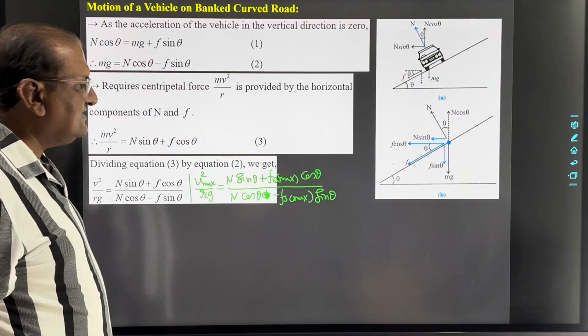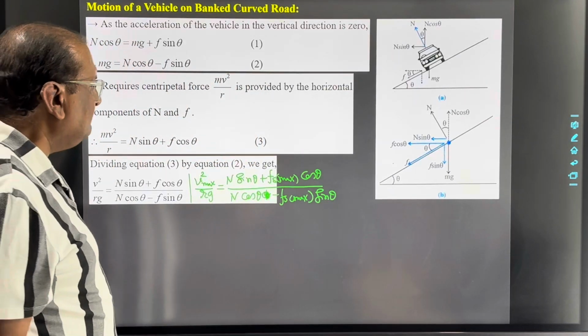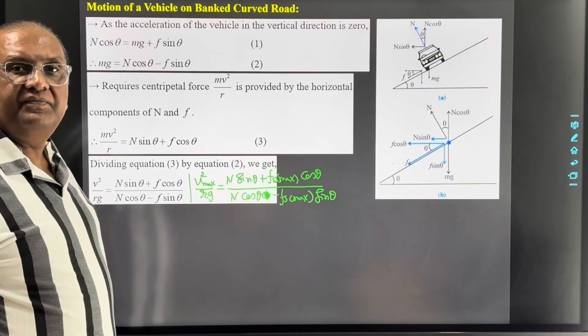Now this Fs maximum we can replace by mu s into n.